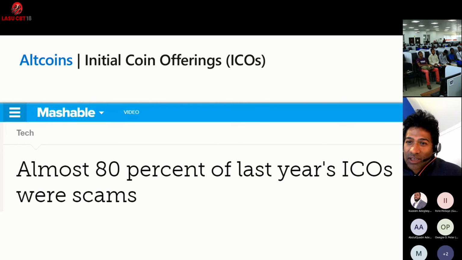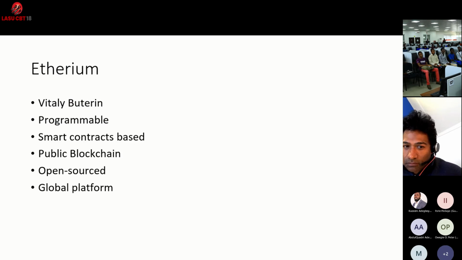Looking at things like Ethereum, it was the next cryptocurrency based on blockchain. They developed their own Ethereum blockchain protocol, created by a person called Vitalik Buterin, who was the founder of Bitcoin Magazine. They started looking at blockchain from a smart contract basis.